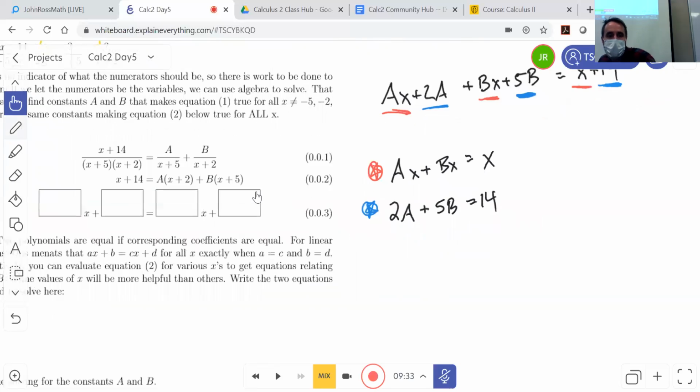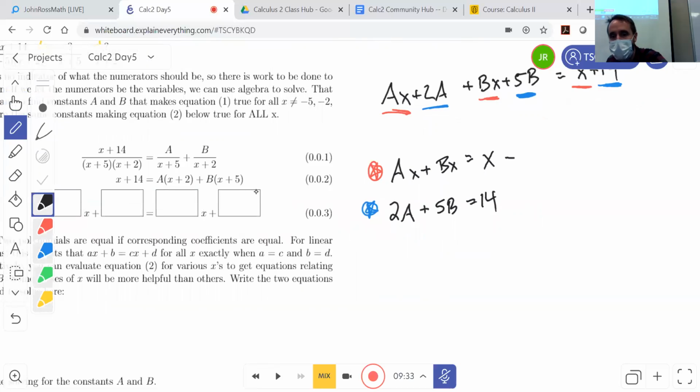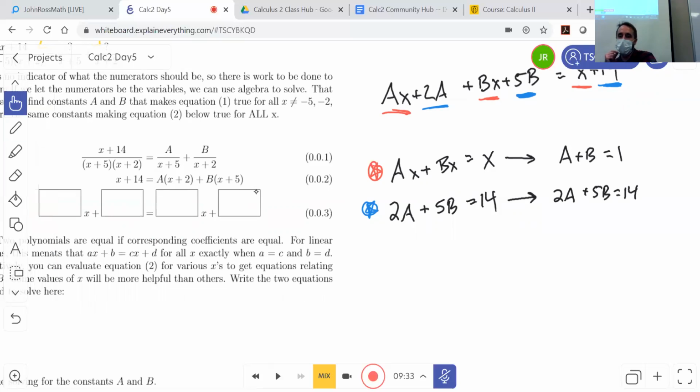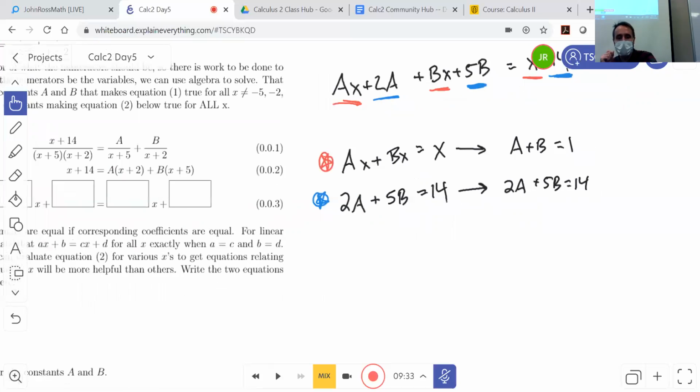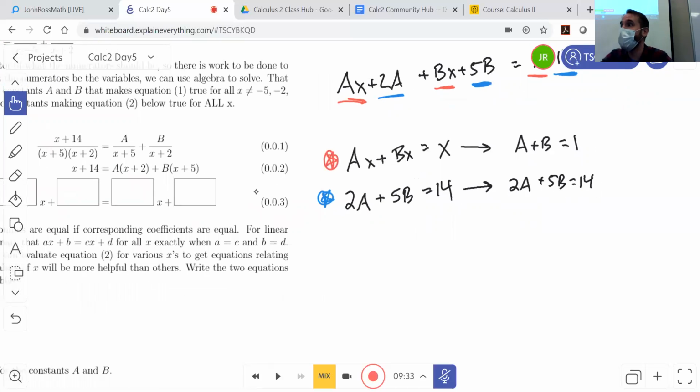So that first equation becomes A plus B equals 1, right? Ax plus Bx equals 1x. While the second equation just remains the same, 2A plus 5B equals 14. Now our goal is to figure out a choice of A and a choice of B that simultaneously make these true. All right, and let's see if we can do that.